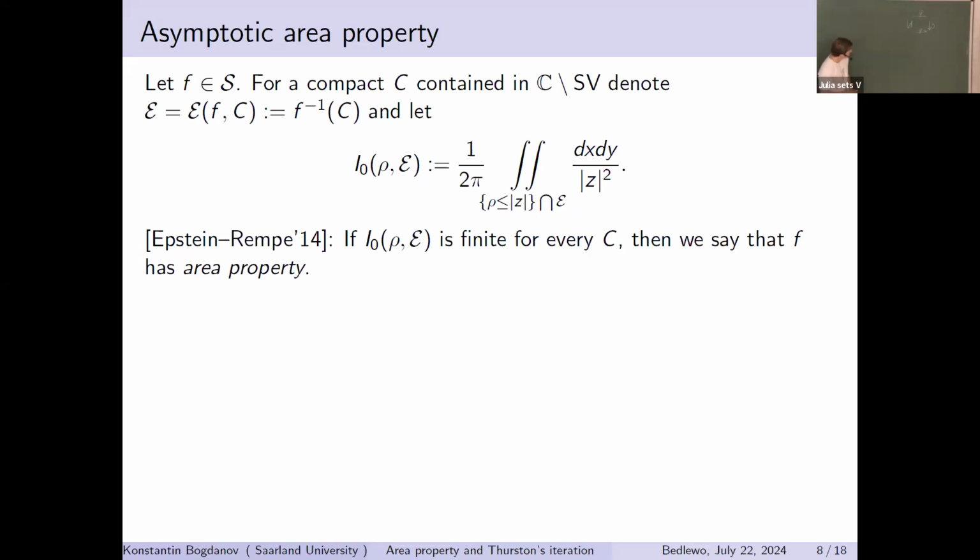What is happening if this map phi tilde is just moving our singular values somewhere near the origin, while it's equal to identity close to infinity?